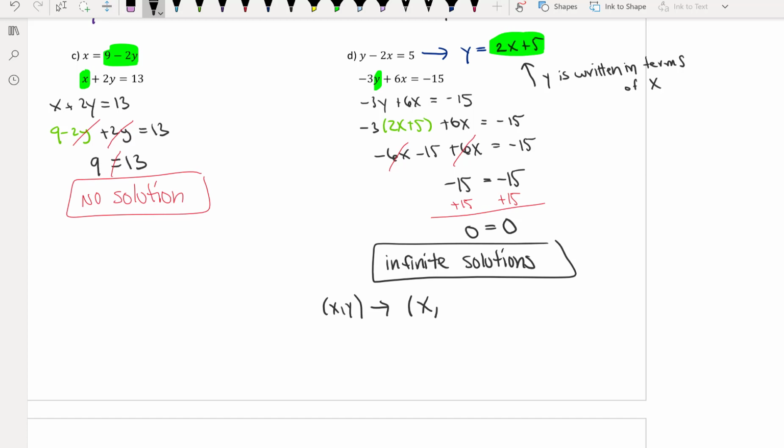So since y is written in terms of x, you can just use that equation. So you can say that the y value is really just 2x plus 5. And that's what we use for the substitution. So in your homework, it's going to ask you for that ordered pair, and now you know how to give that ordered pair.